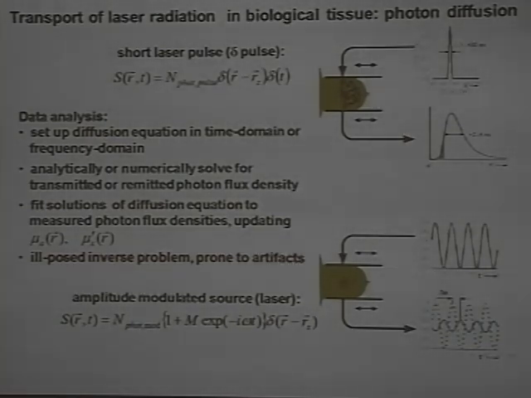You solve it either analytically or numerically, and you take the solution, for example, the transmitted output power, that is the modulation amplitude, and the phase shift, and fit it to the experimental data to deduce the absorption and reduced scattering coefficient.